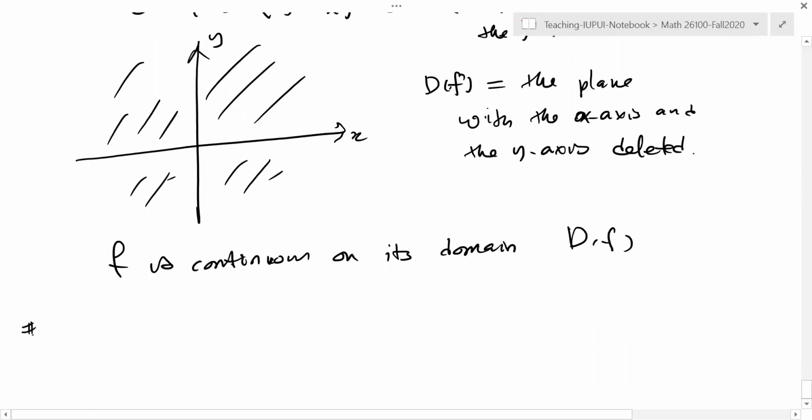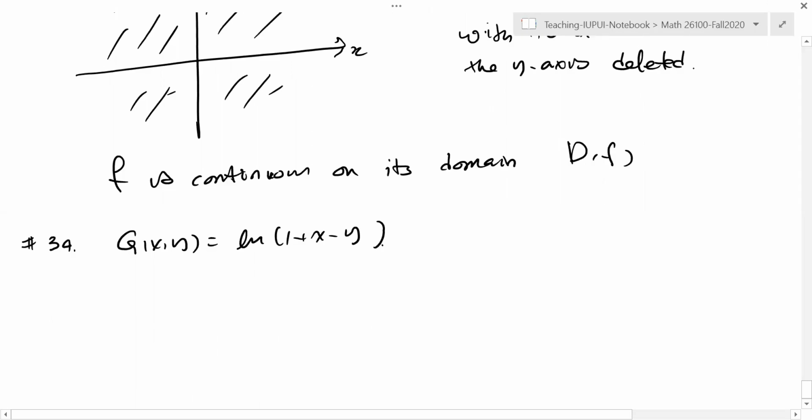Let's take a look at number 34. So given a function, all right, take a look at this.